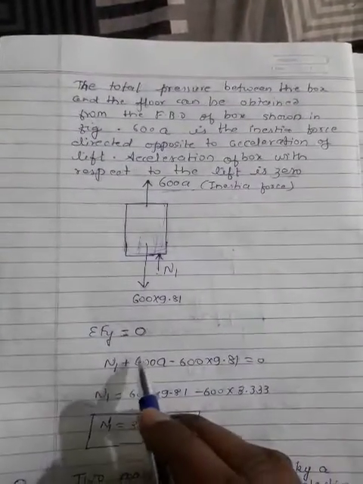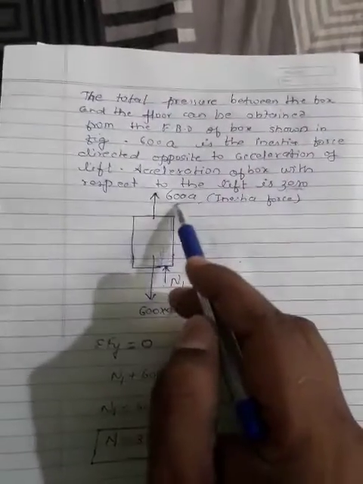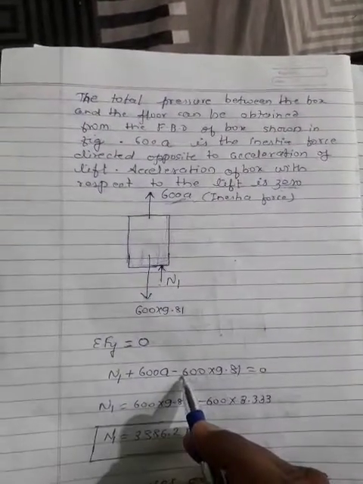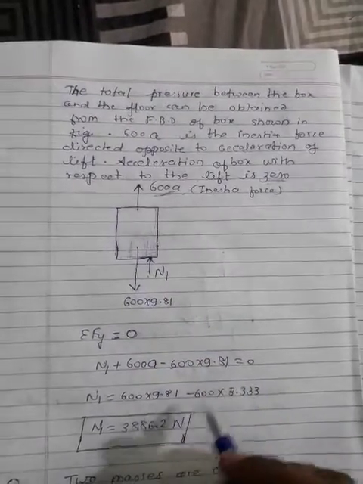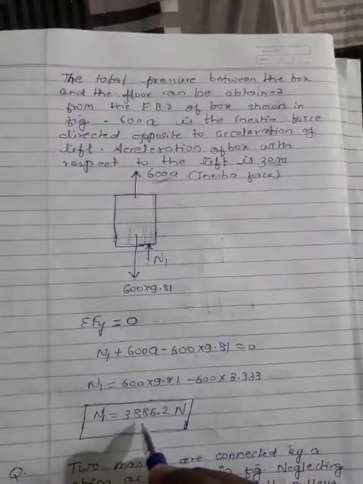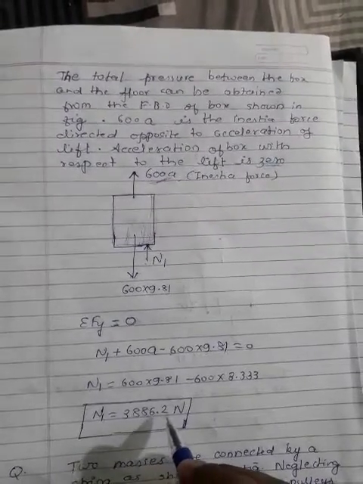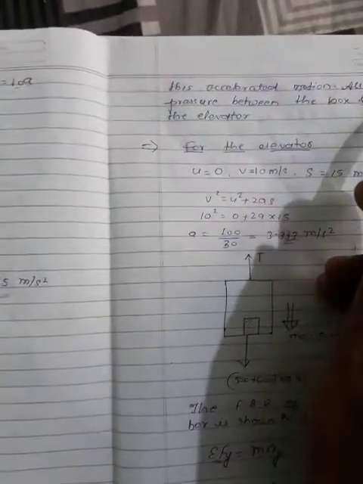Considering upward positive, downward negative: N1 upward plus 600 into a, which is the inertia force here, minus 600 into 9.81 equals 0. So I will get N1 equal to 3886.2. This is nothing but the total pressure between the box and floor of the elevator.